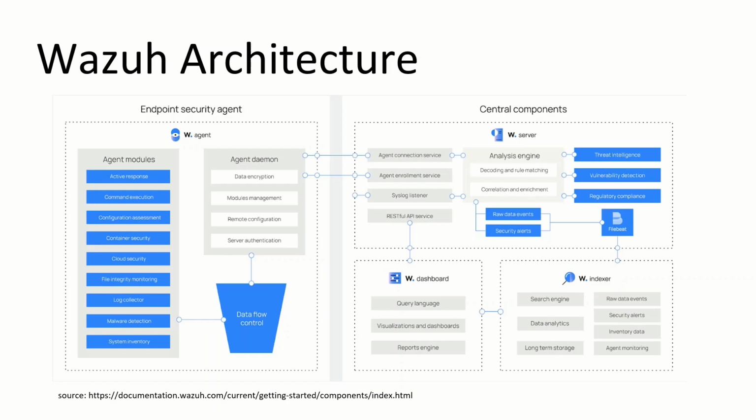It is also used to manage Wazuh configurations and to monitor its status. Lastly, the Wazuh Indexer is a highly scalable full text search and analytics engine. So, this central component indexes and stores the alerts generated by the Wazuh server.